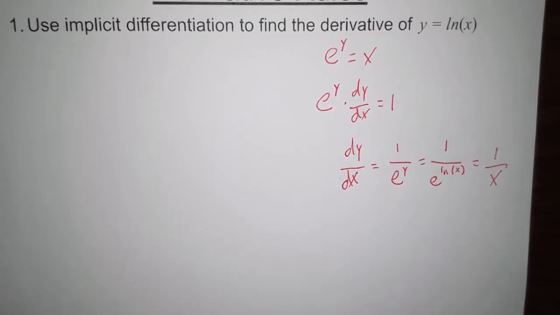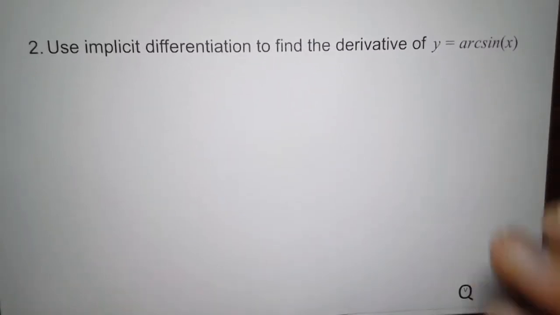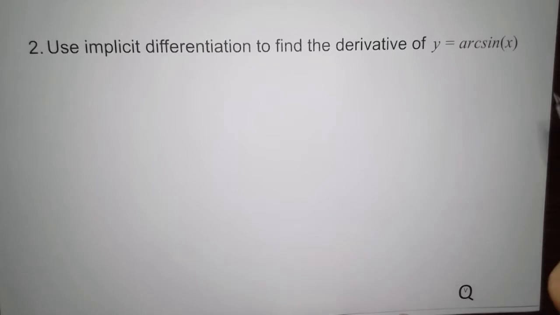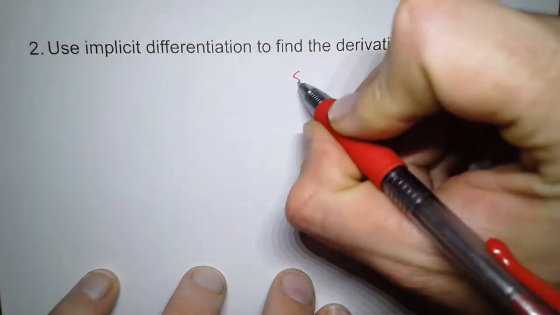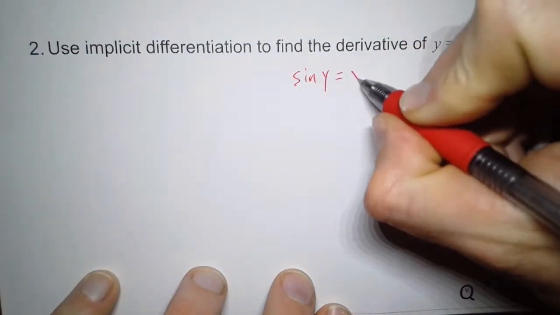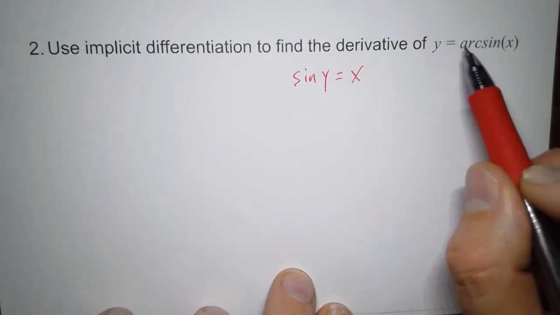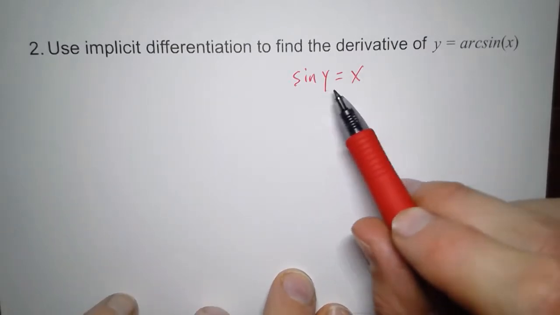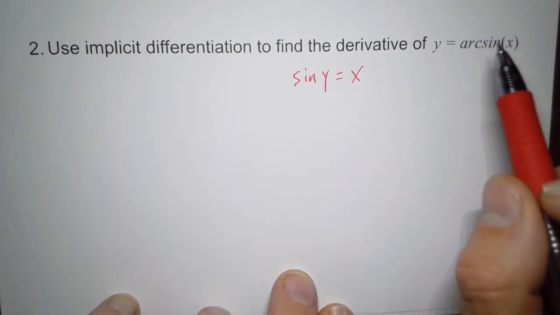All right, so let's try another one. Another problem is arcsine. Arcsine is the inverse function of sine. So to rewrite this, we would write it as sine of y equals x. Again, these are equivalent statements, but now we can take the derivative of this with implicit differentiation, but we can't with this.